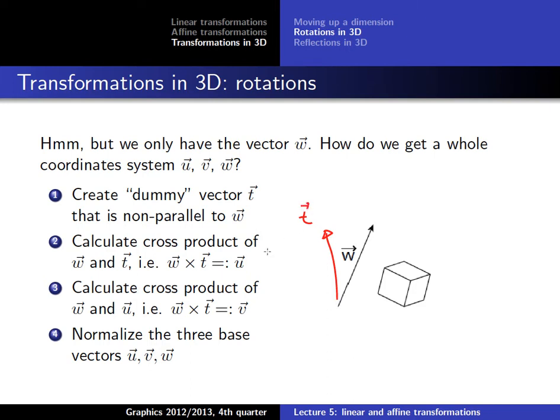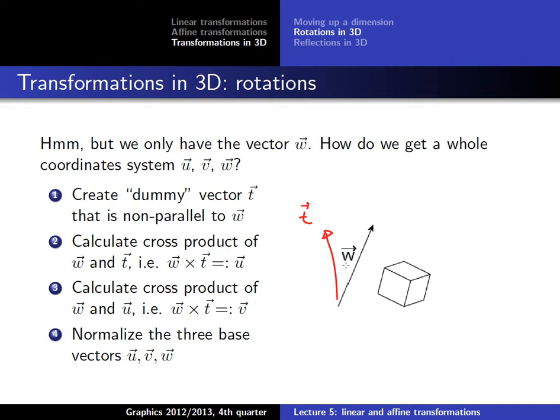The simplest way to do it is, if you have the vector w, just take one of the coordinates that is not 0 and set that to 0, because then you will never be able to make it a scalar multiple of the other, because you will always have 0 times 0 equals lambda times something unequal to 0, and that is for all lambda unequal 0 never fulfilled, and that means they are never parallel. So that is the easiest way to create such a dummy vector.